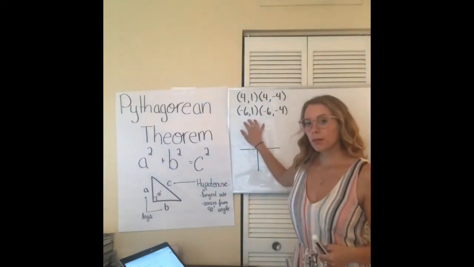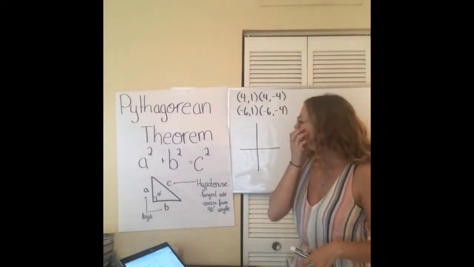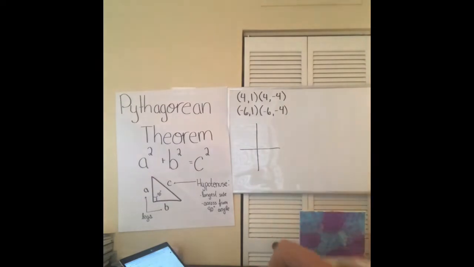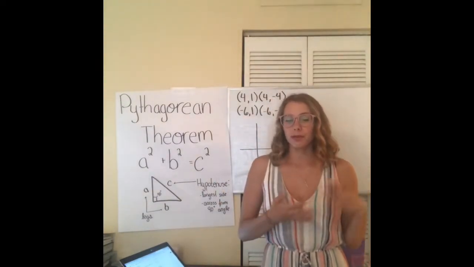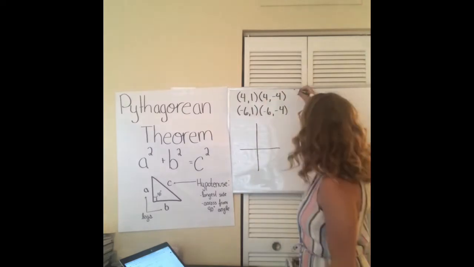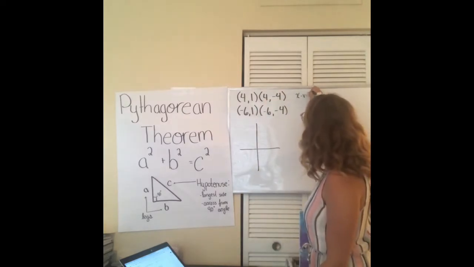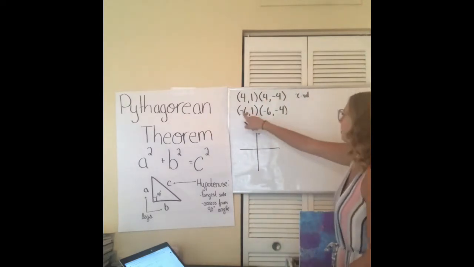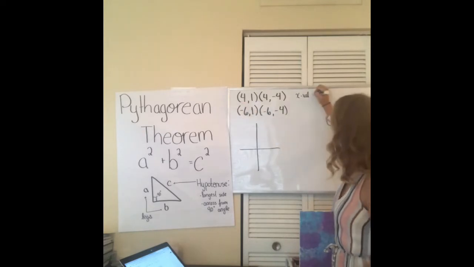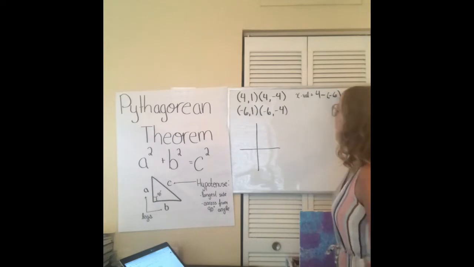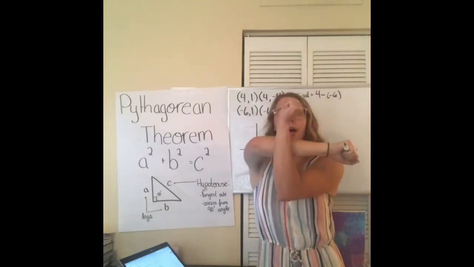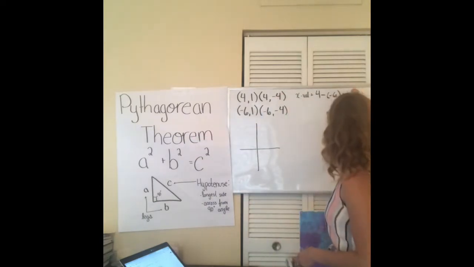So these are my 4 points from Wednesday, how I found the side lengths between the points. And it's just the difference between the x values and the difference between the y values. So my difference between x values is 4 minus -6, and minus a negative is a positive, so that gives me 10.